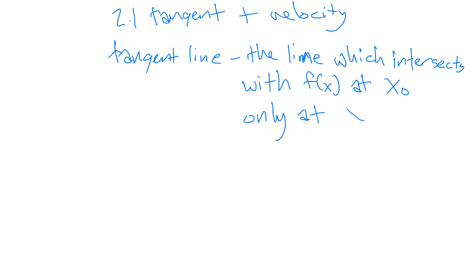So essentially what it's saying is we have some function, let's say this quadratic function, and this is our point P, or our x naught.